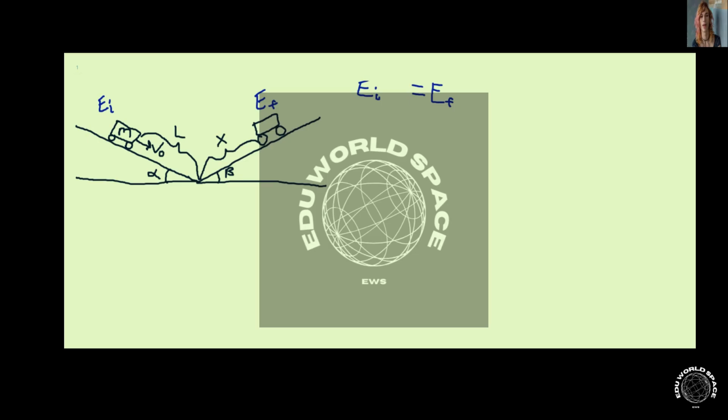However, we're not in a perfect world in this case. We're in a world where there exists friction. So the force of friction is going to do some work on the truck as it moves up the hill, and that is going to take away some of the total initial energy in the system.